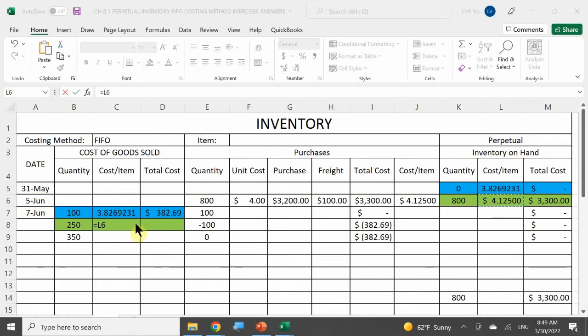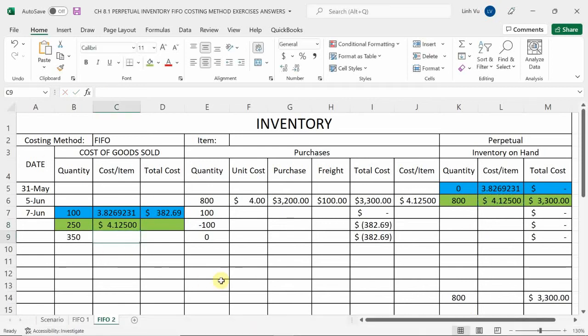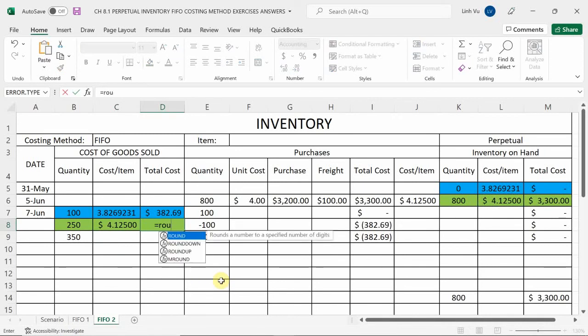So in this case, it's $4.125. Wait, hold on. So 250 divided by, no, times. We're multiplying, yes, because you want to know how much it's going to cost you to sell 250 at $4.125.